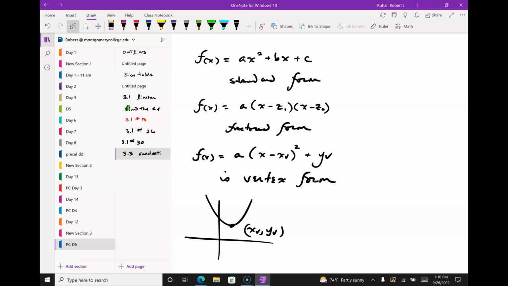Most of the time you'll be given standard form, and you'll want to turn it into factored form and vertex form. We've already done vertex form. That's by completing the square, right?